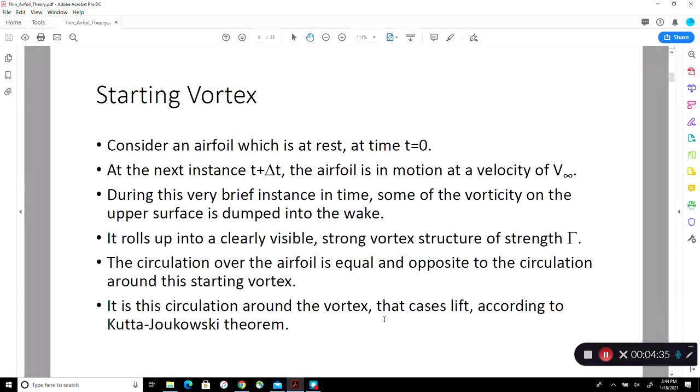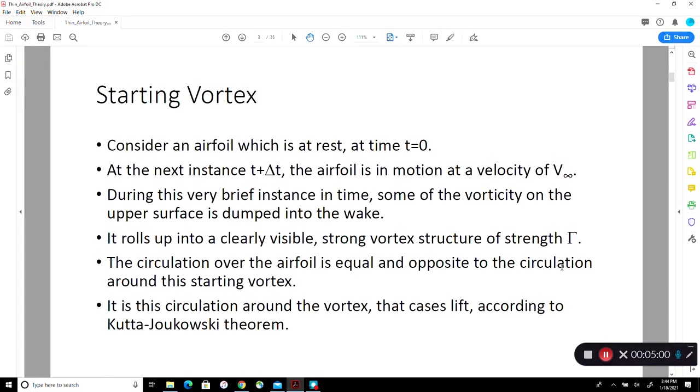So the circulation over the airfoil is equal and opposite, because in Kelvin's theorem, all these material particles were located around the airfoil at time t equal to 0. But at a later time, some of the particles have been dumped into the wake, other particles are still on the body. So if you think of a big box surrounding the airfoil, you have two vortex structures.